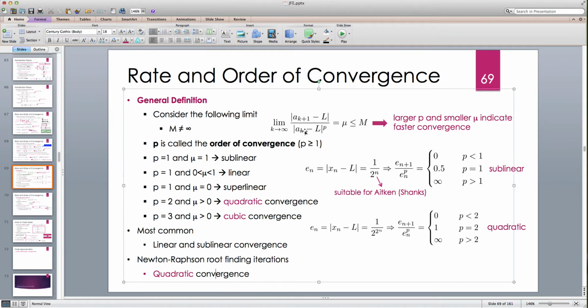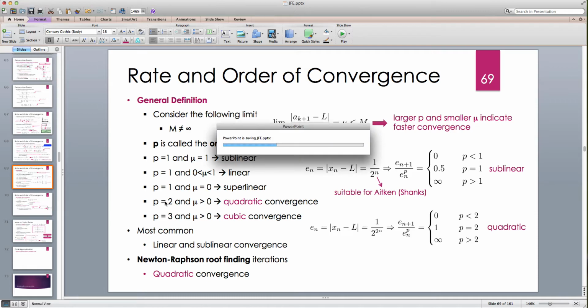So they follow this pattern of the absolute value of ak plus 1 minus l over ak minus l to the power of 2. Okay? For power of 1 it's always 0, for power of 2 it becomes non-zero, so Newton-Raphson root finding iteration has a quadratic convergence, which is pretty good.